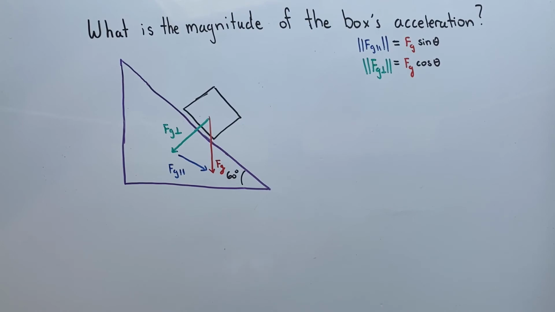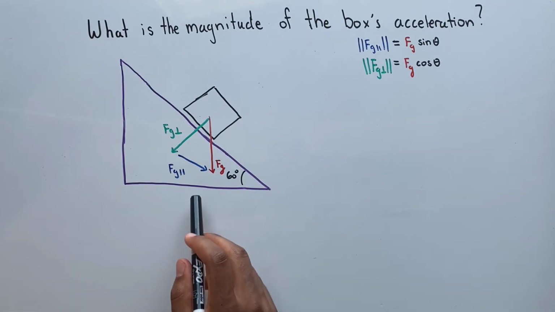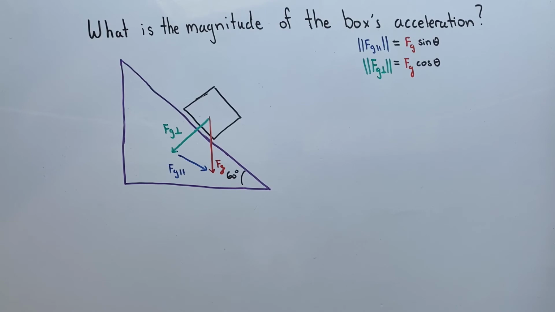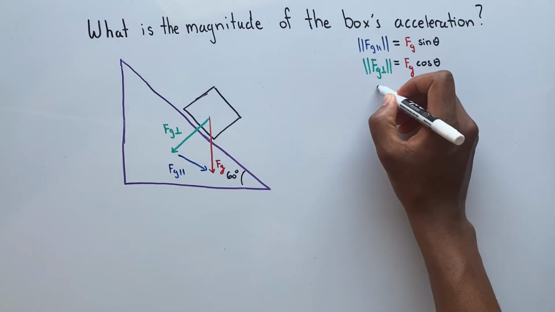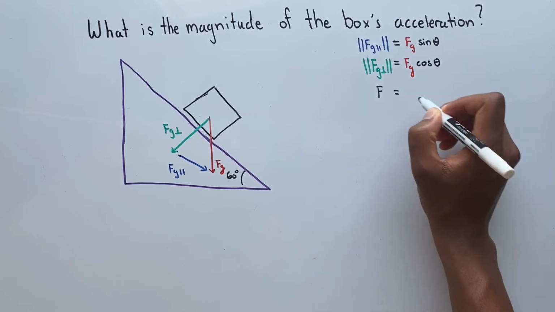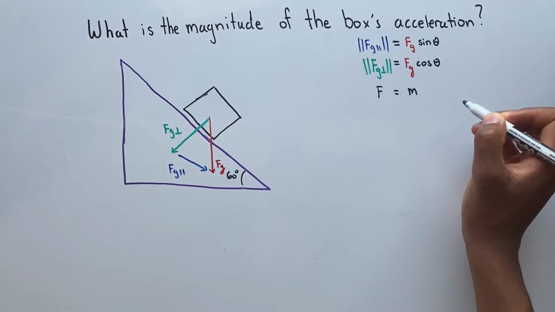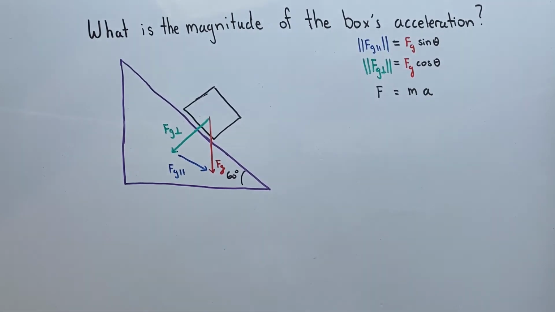So in regards to the problem, we are asked to find the box's acceleration. So we must look at the parallel component of our force of gravity. In a previous video, we said that Newton's second law states that the force is equal to the mass of an object times its acceleration.